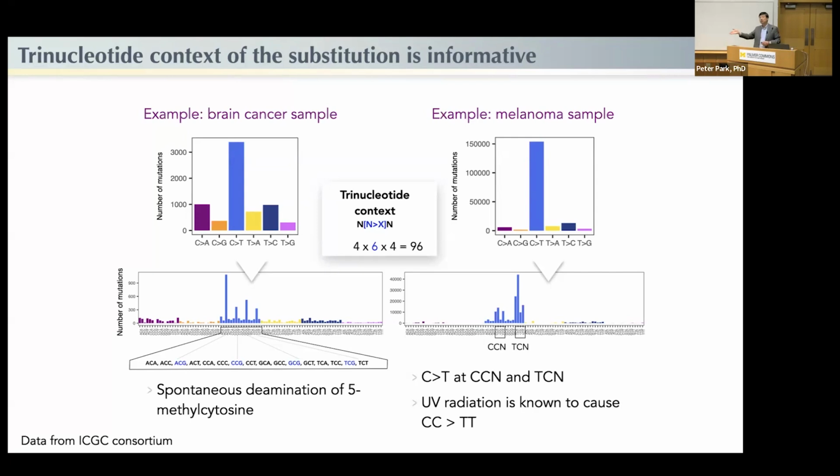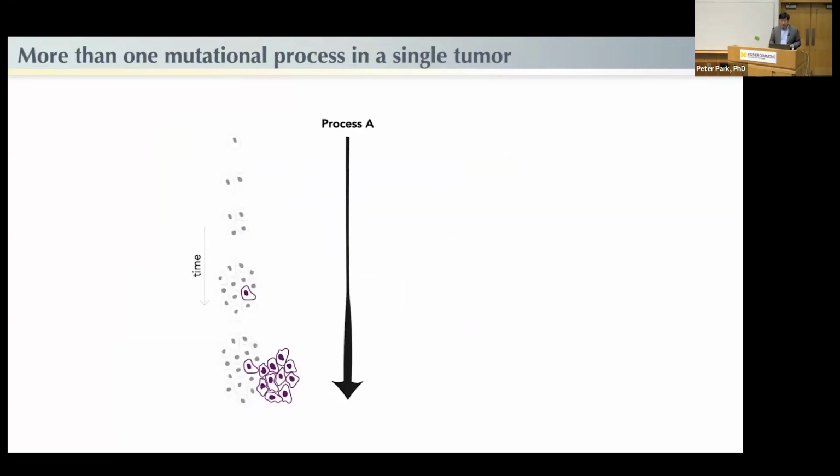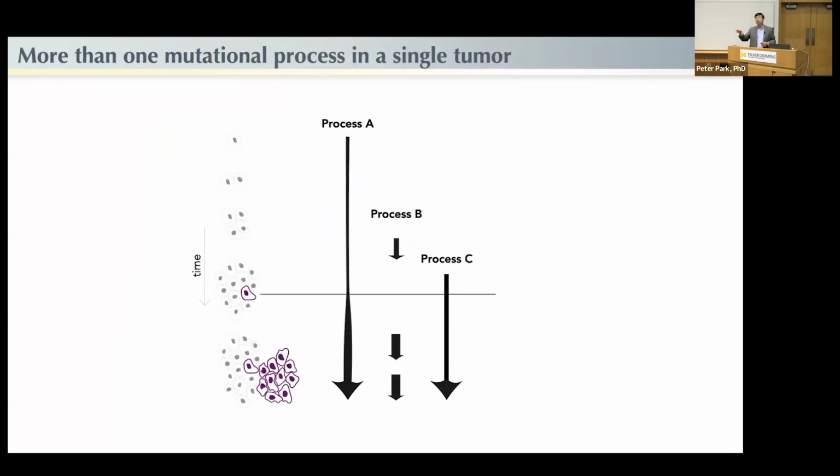So we can tell the difference between the tissues, okay, because they are exposed to different mutagenic processes. And so what we're trying to do is take a look at any sample, look at the trinucleotide context of the mutations, and then try to infer the process, okay?